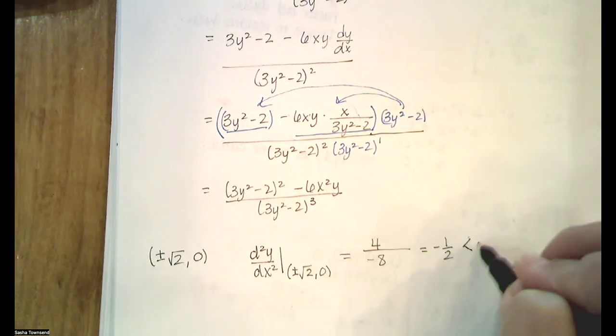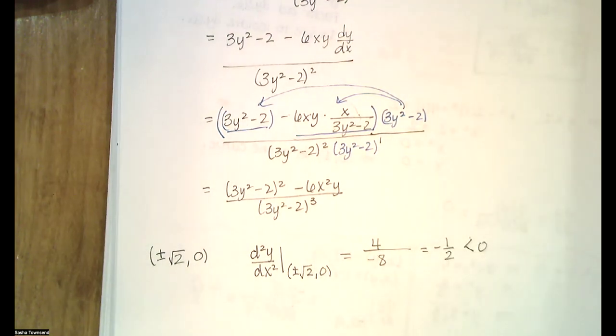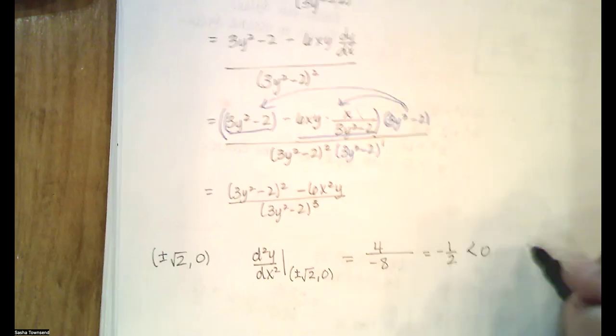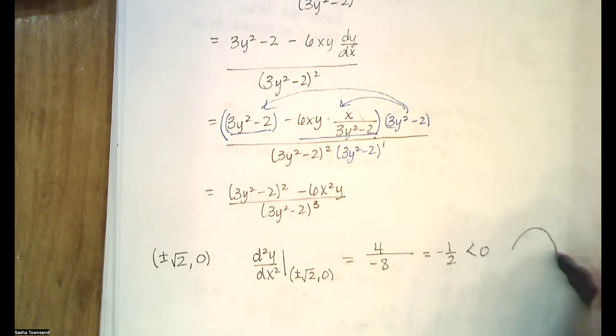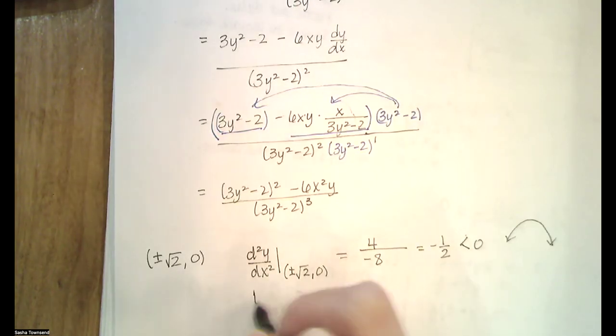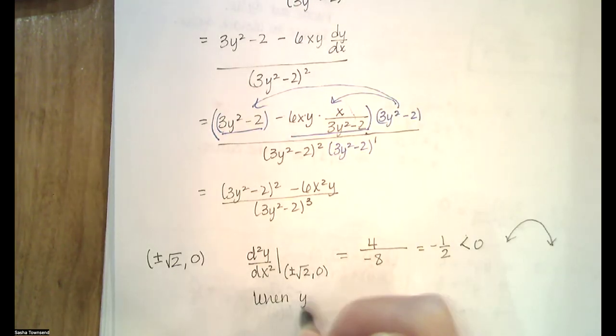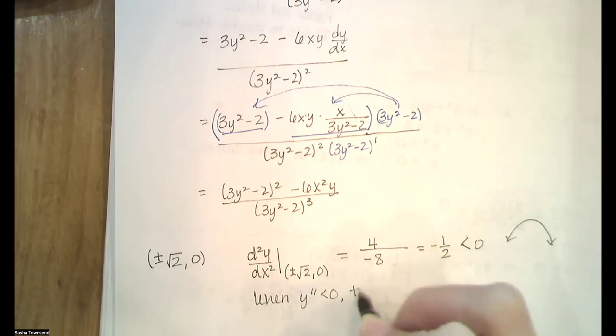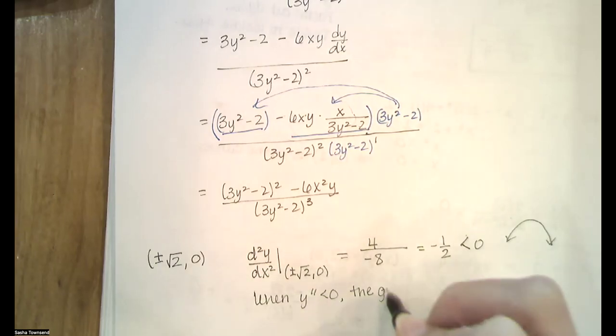Since that value is negative, that just tells us that the slope is decreasing, which just means that the graph kind of looks like this. When the second derivative is negative, the graph is what we call concave down or concave downward.